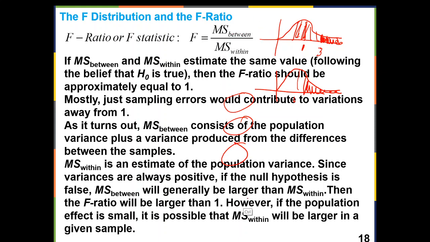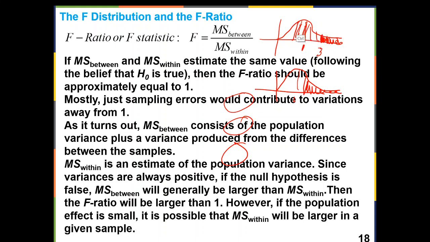However, if the population effect is small, it's possible that MS within will be larger in a given sample. So it's possible to get numbers less than 1 or numbers greater than 1.